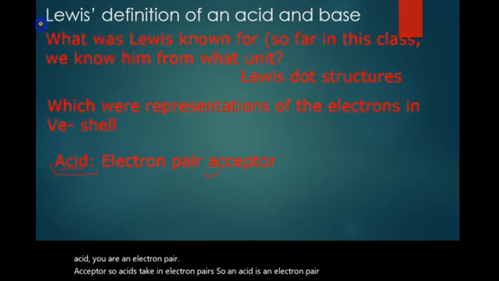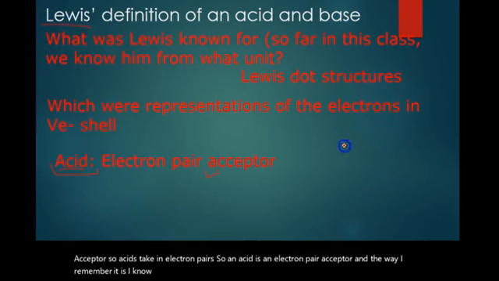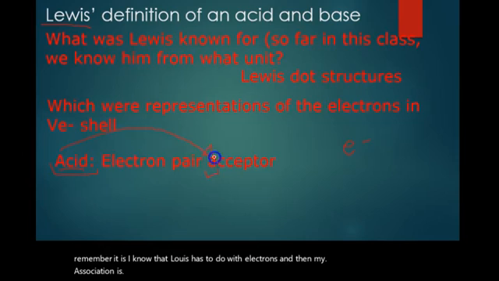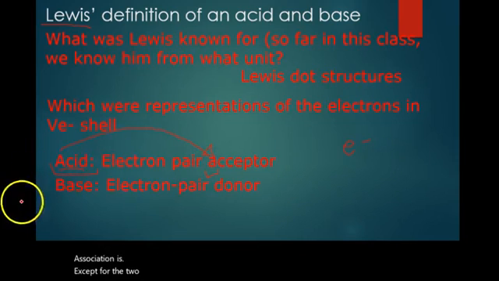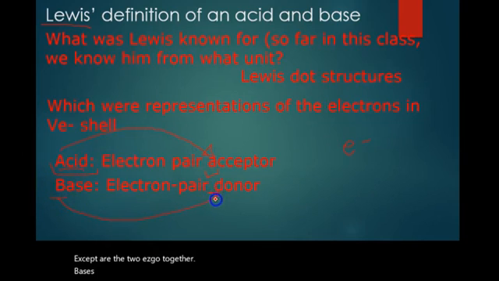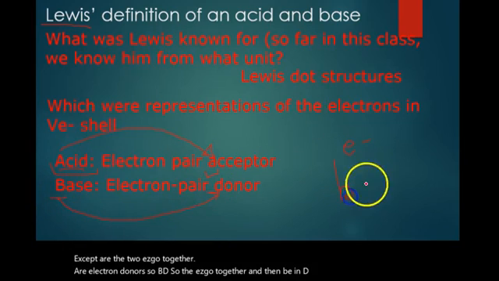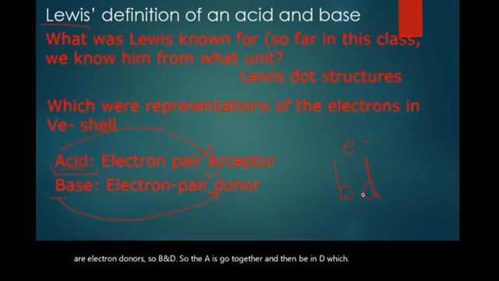The way I remember it is I know that Lewis has to do with electrons, and then my association is acids, acceptor. The two A's go together. Bases are electron donors, so B and D. The A's go together, and then B and D, which look very similar to each other.